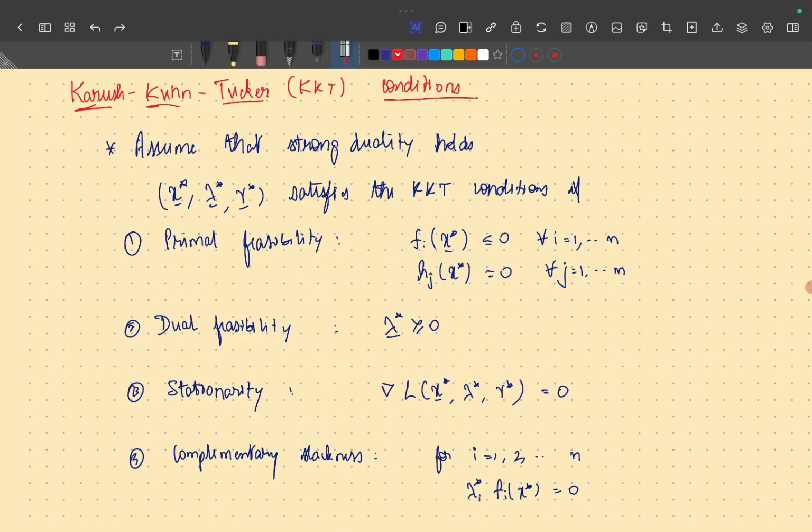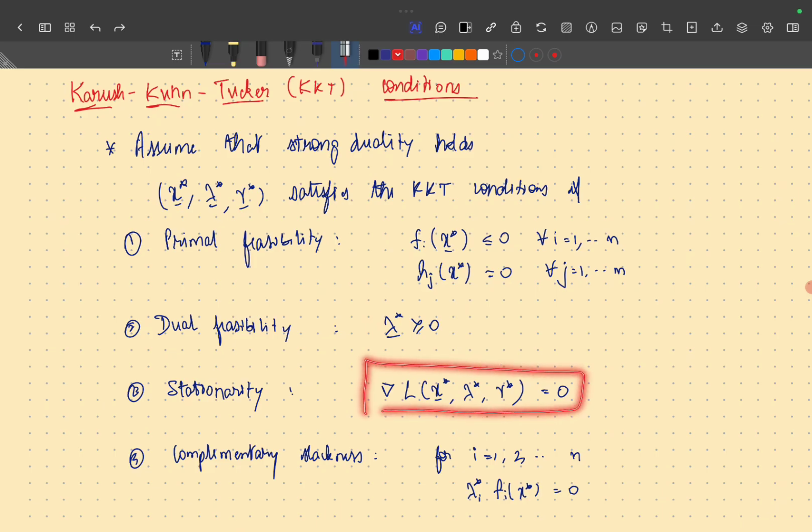All right. So the KKT conditions are as follows. Firstly, we want all of the primal constraints to be satisfied. So these are the primal feasibility conditions. The dual must satisfy the dual feasibility conditions, that is lambda star should be greater than or equal to 0 component wise.